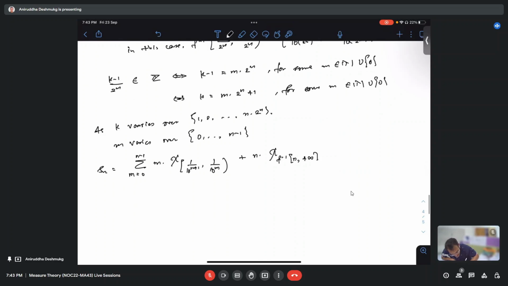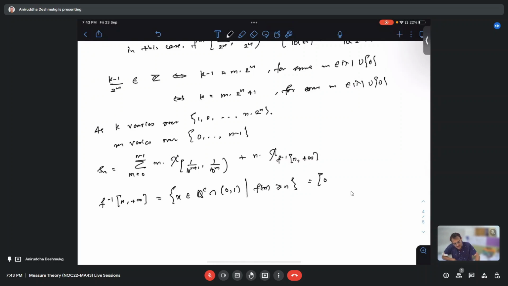So what is f inverse of n to plus infinity? This is all the elements, especially the irrational numbers, inside 0, 1, such that f(x) is bigger than or equal to n. And if it is bigger than or equal to n, it means it can take the value n, n plus 1, n plus 2, and so on. So this could be any irrational number which is less than 1 over 10 to the power n.